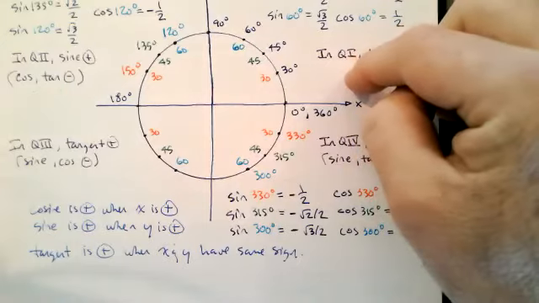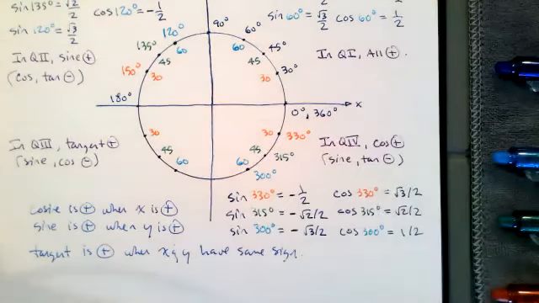That puts us in quadrants 1 and 3. In quadrant 1, x and y are both positive. In quadrant 3, x and y are both negative. And since tangent is sine divided by cosine, the negatives cancel and become positive.